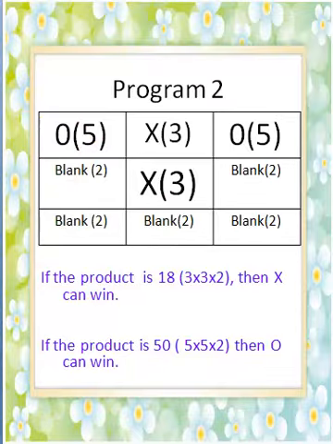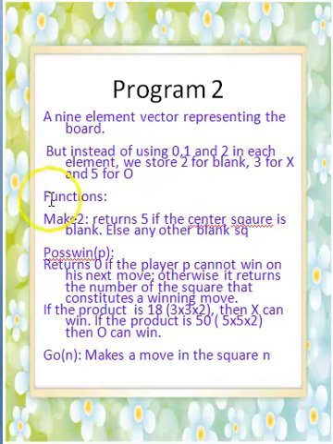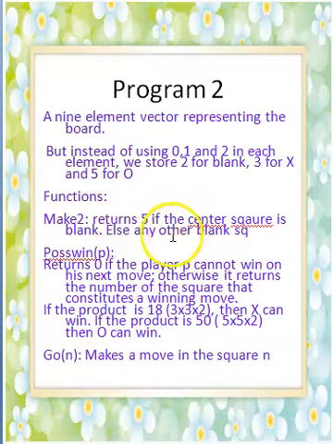Now, how does the program work? We have functions available to us, in which first of all we will check the possible win of our opponent. Then we will check the possible win for ourselves using the formula of the multiplication method, which I have just discussed.